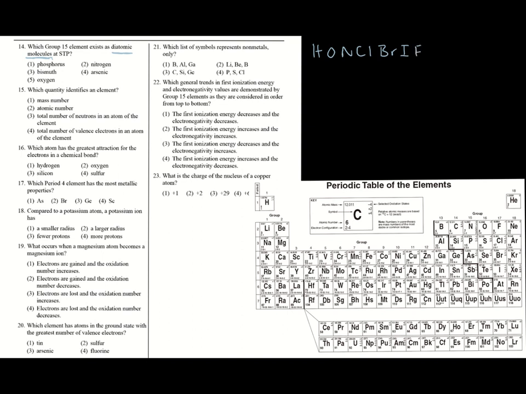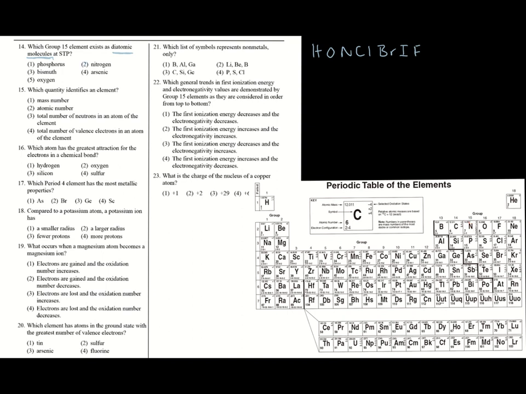Hydrogen, oxygen, nitrogen, chlorine, bromine, iodine, and fluorine. Most of them are all in group 17, but there are a few others that are not in group 17 that are diatomic. So diatomic meaning 2 atoms together make up that element, or the molecule of that element. Alright, so group 15 N is diatomic. So, not diabetic, diatomic. Group 15 over here. So, based on Hankelbrief, the only one that fits is nitrogen.